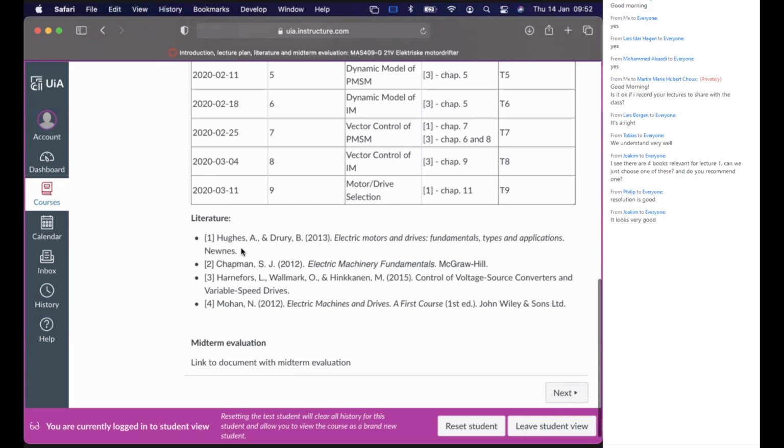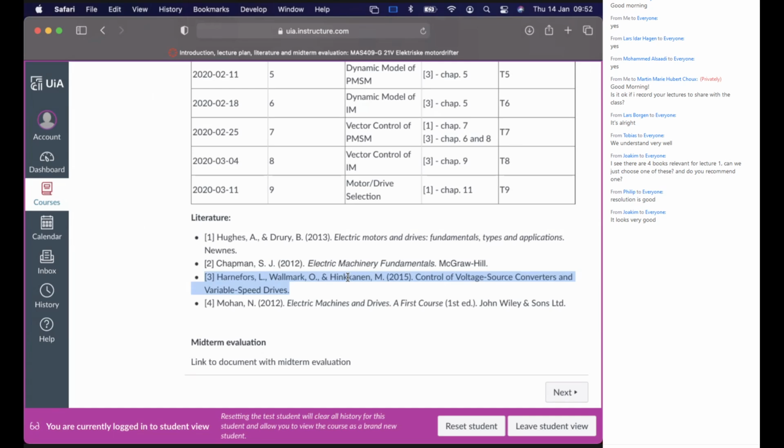I would say that actually the main source that we are going to use is number 3 here, Arnefoss. And this is, unfortunately, not published in the form of a book, but you can easily find it on internet. So you can download the PDF based on this title here from 2015. And that's a very good literature.